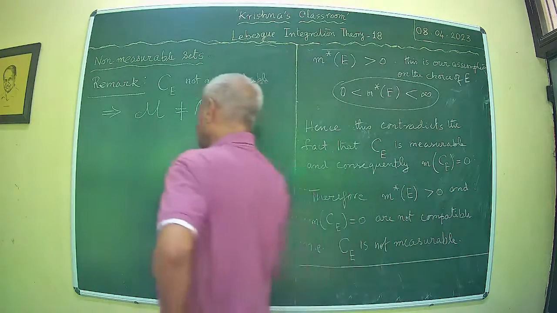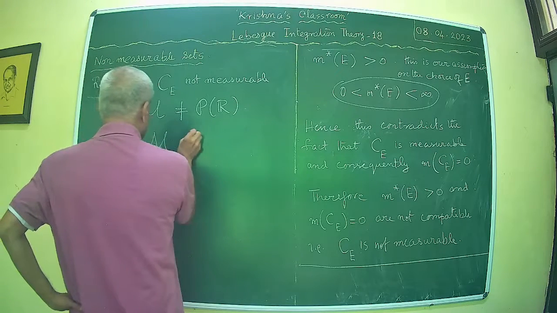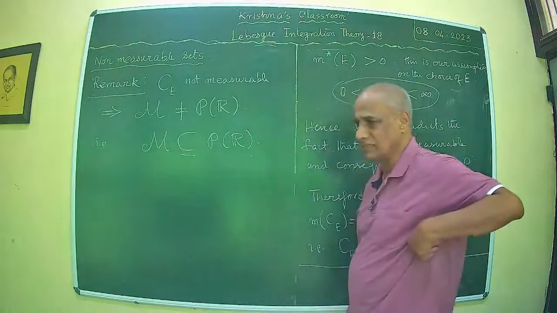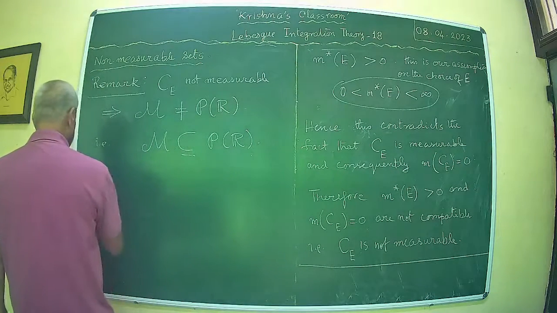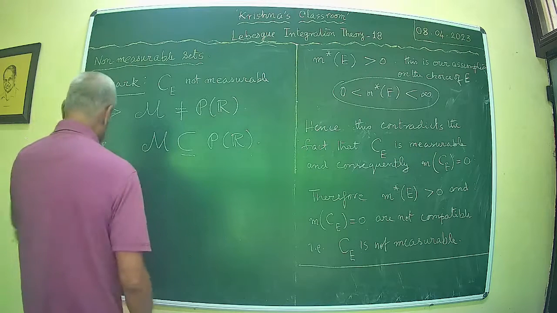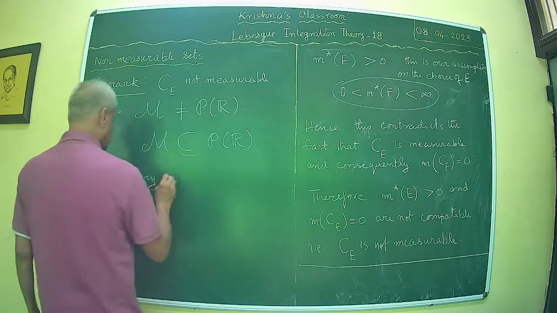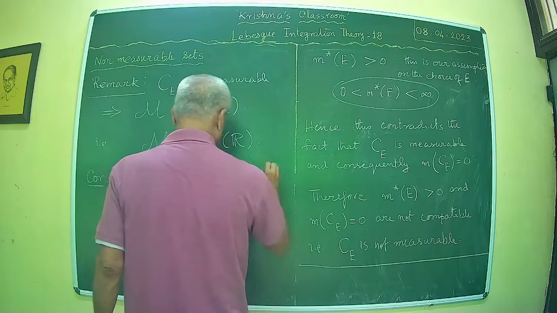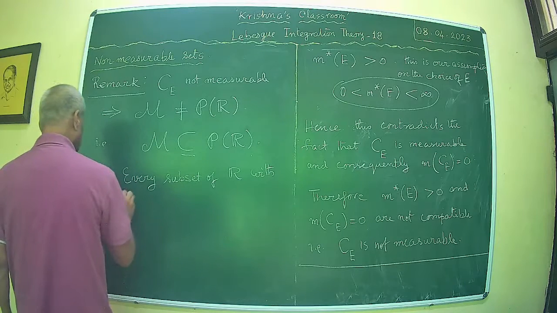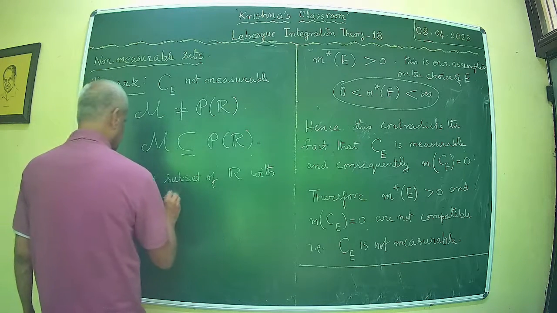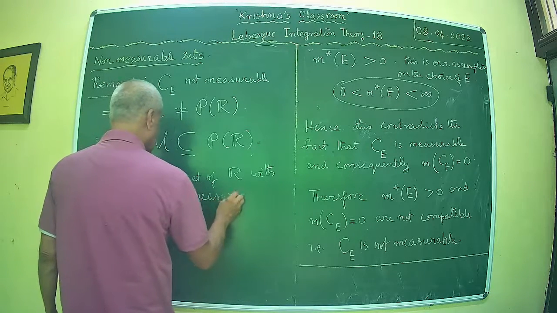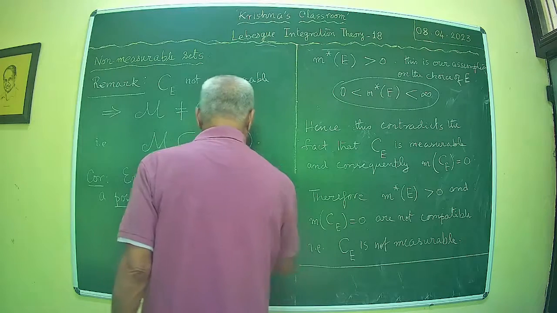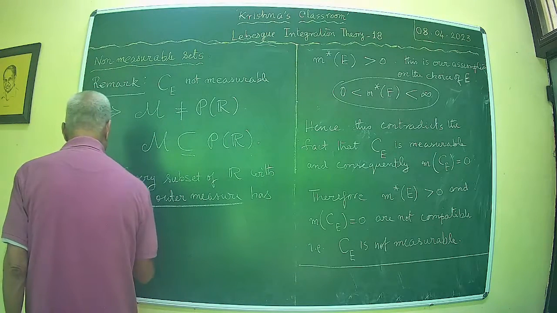In fact, what is more fascinating is that now a corollary is the following: any set with a positive outer measure has a subset which is not measurable.